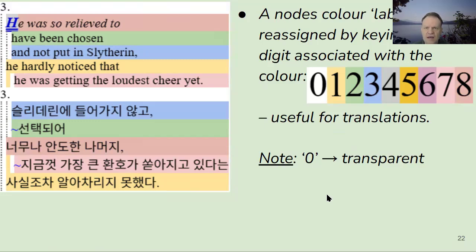A node's color label can be reassigned by keying the digits associated with the color. These are the colors you can choose, and you can see this one has been changed.